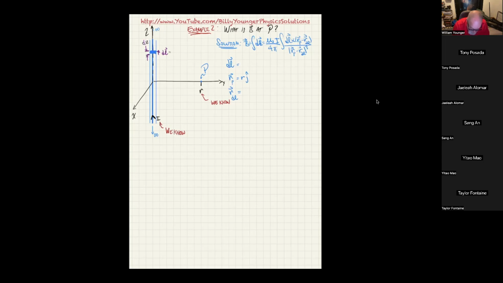So I'm going to write dl as dz, and I want it to point parallel to the current, which we decided was going up. So which direction is it going to point? In the positive z direction. And do we know of any unit vectors that point that way? k hat. Exactly. So this is literally just putting the things together bit by bit.